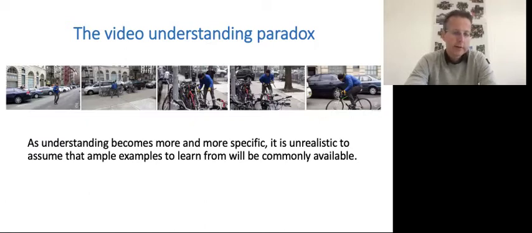The problem here is that it will be hard to collect sufficient examples of actors performing the act of interest, because of course the thief does not want to be caught on camera. So it will be very hard to find sufficient examples to build such a detector. Not to mention the fact that you also still have to label each individual box in all the frames for a large variety of actors and thieves performing a similar activity.